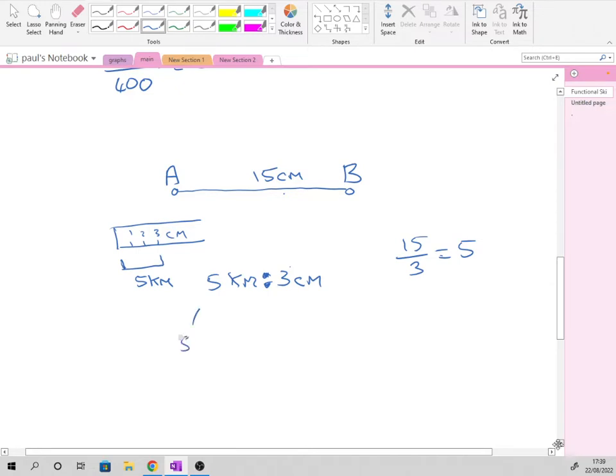So you need 5 lots of 5 kilometers, which would equal 25 kilometers. This is almost like, you could put your thumb on there and just go do, do, do, do, do. So 3 centimeters between here and here, 15 between here and here. Well, this is 5 times as much as that. So you just multiply the kilometers. So the actual distance between town A and B will be 25 kilometers.